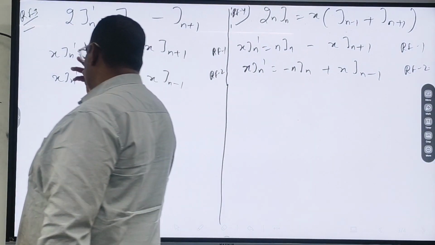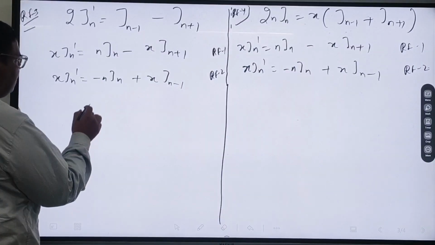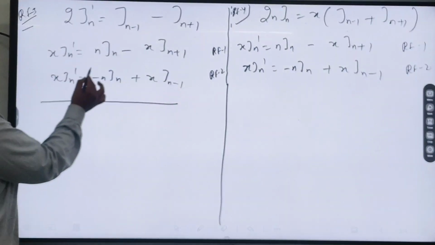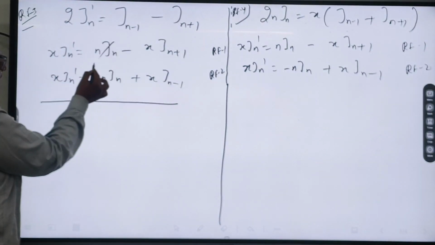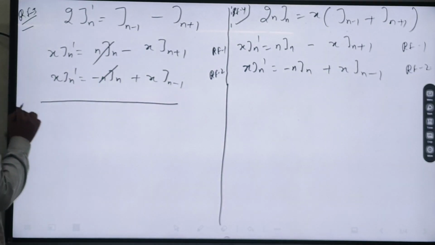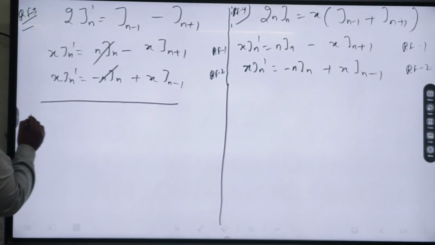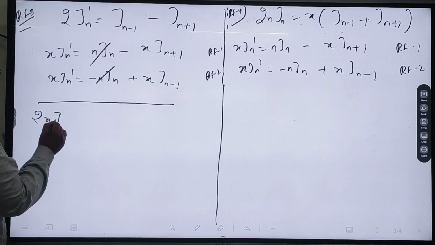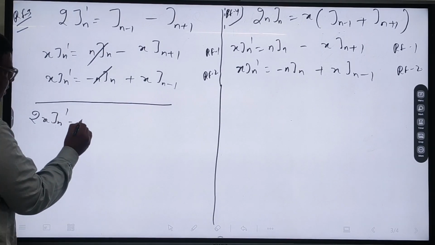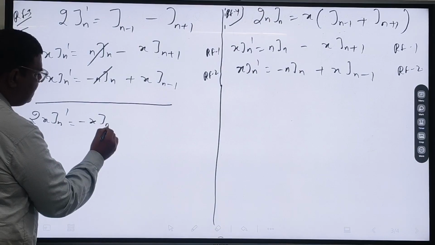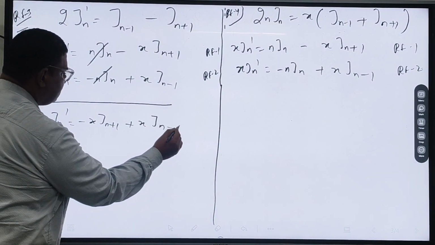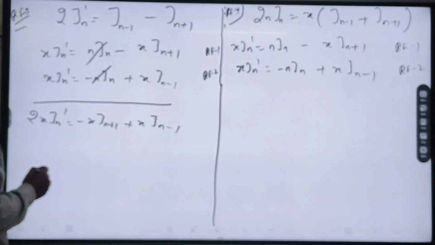So adding both equations, first and second, what will we get here? When we add first and second, n J_n and minus n J_n will cancel out, and the rest will add. So we will get 2x J_n' = -x J_{n+1} + x J_{n-1}.